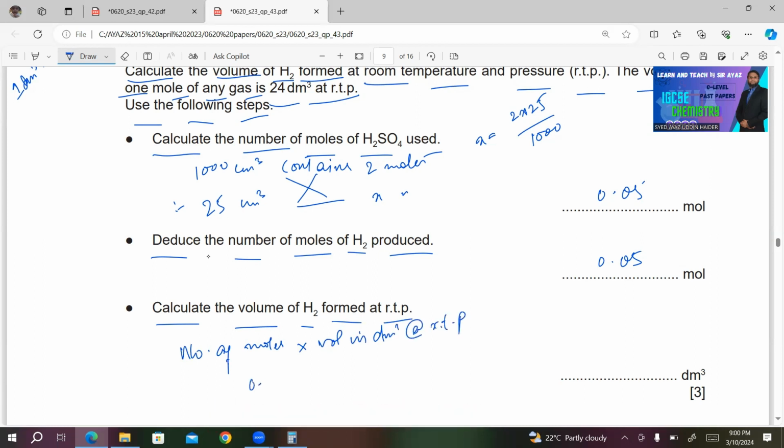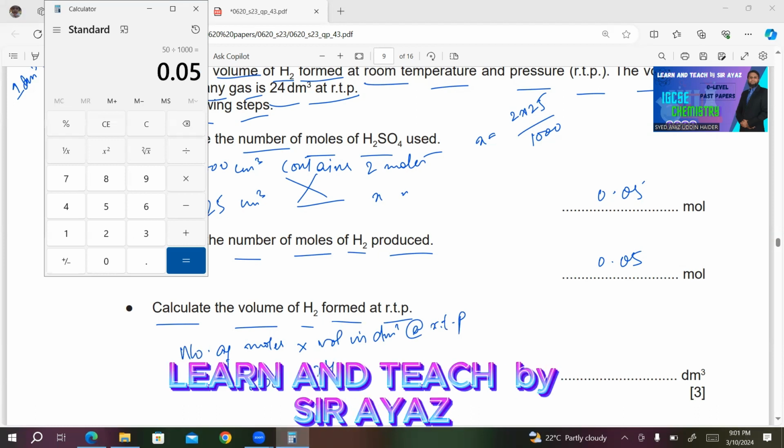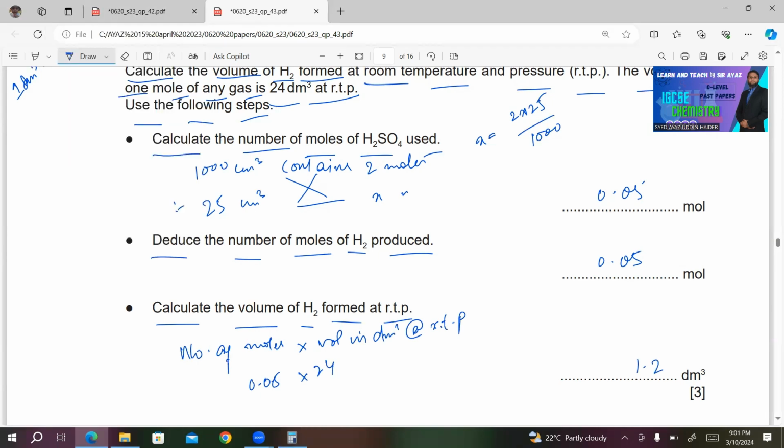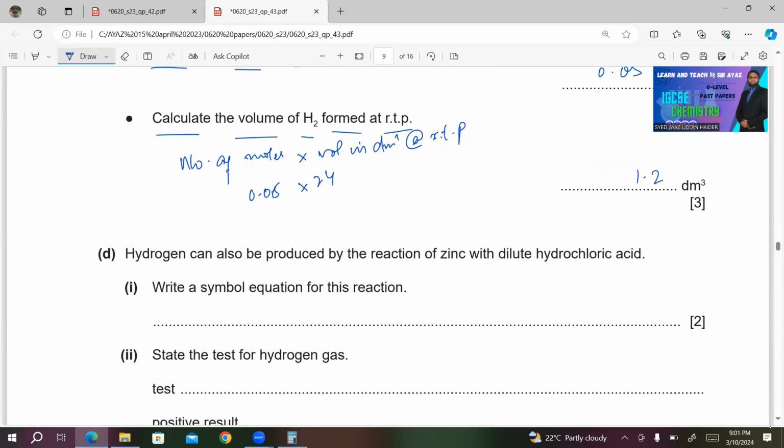So you will have 0.05 multiplied by 24, and we'll get 1.2 dm cube of hydrogen gas.